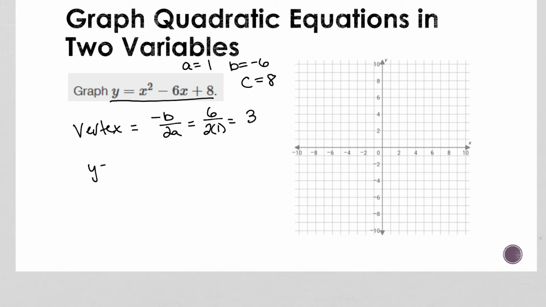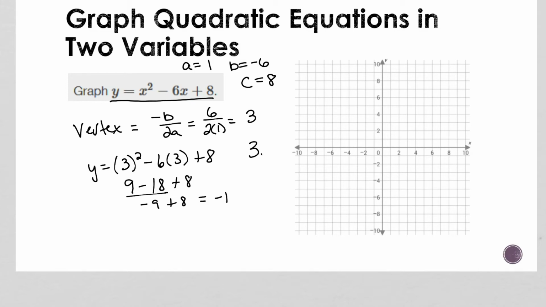So y is equal to 3 squared minus 6 times 3 plus 8. So I've got 9 minus 18 plus 8. This is negative 9 plus 8, so our y-coordinate is negative 1. So our vertex is at 3, negative 1.